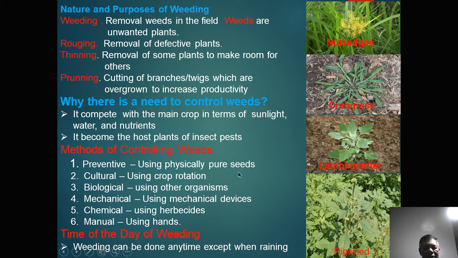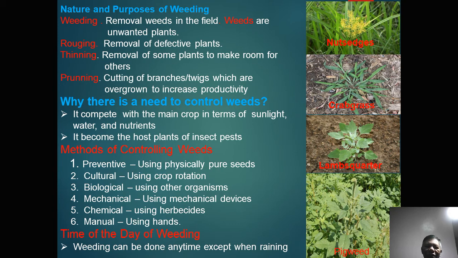Cultural method is, of course, a method of controlling weeds by strategizing on your culture, and one of which is crop rotation.